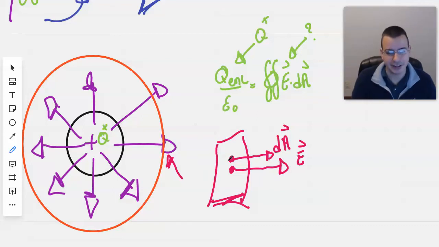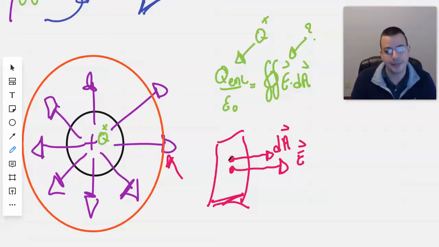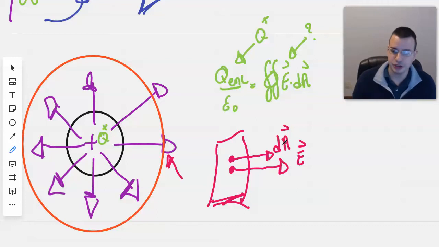So the idea is spheres are approximately flat when you zoom in enough. And the dA vector, the area vector for a surface, is the vector perpendicular to that surface. So the idea is you have a plane, which takes up 2 dimensions.